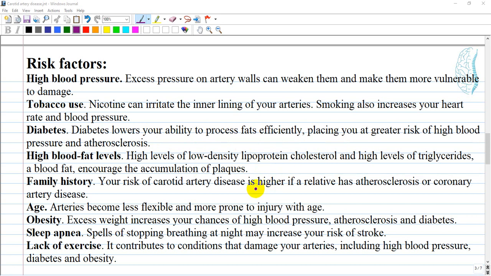Your risk of carotid artery disease is higher if you have relatives with atherosclerosis or coronary artery disease.